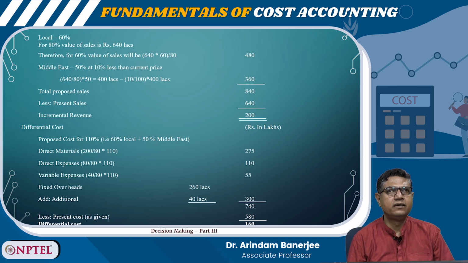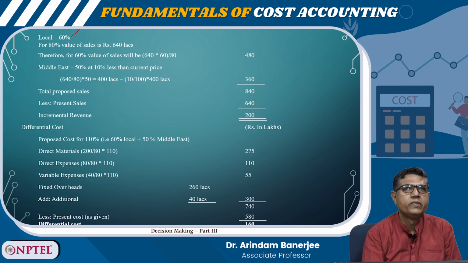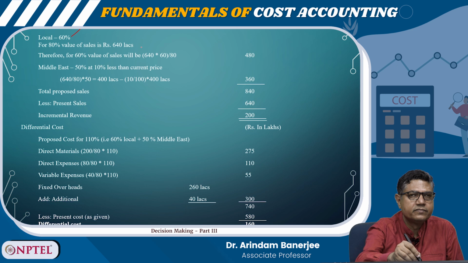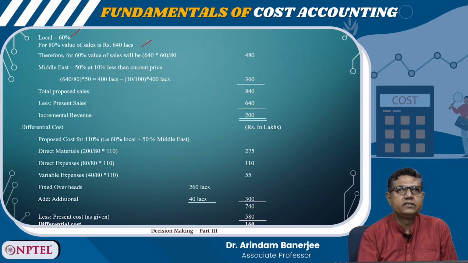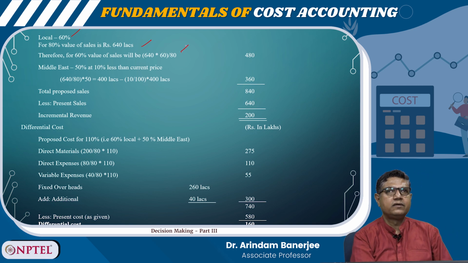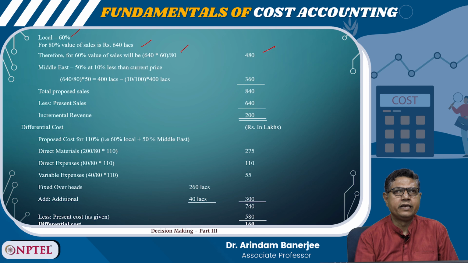Proposed sales, local is 60. For 80% the value of the sales is 640 lakhs. Therefore, for 60% the value of sales will be 640 into 60 by 80. If we calculate, it comes to 480.